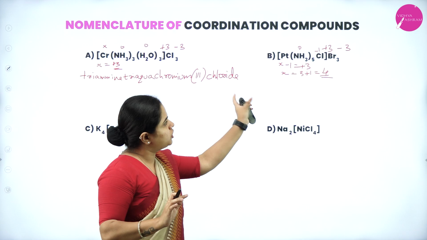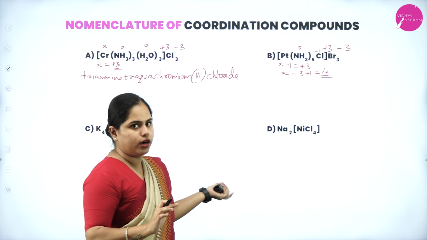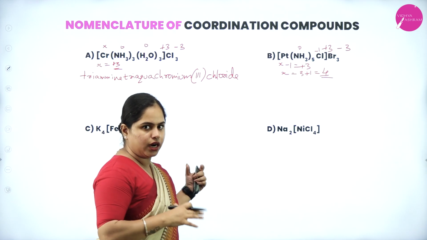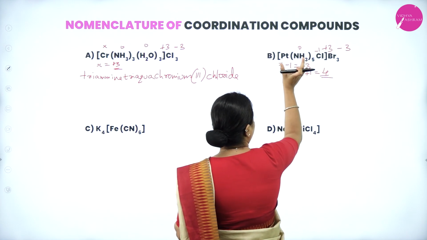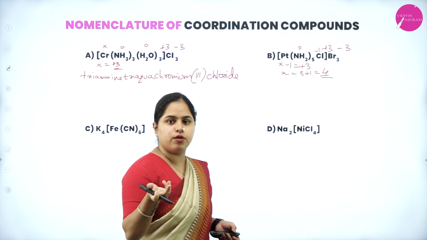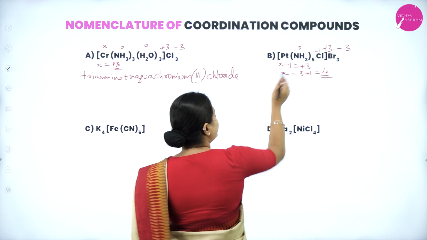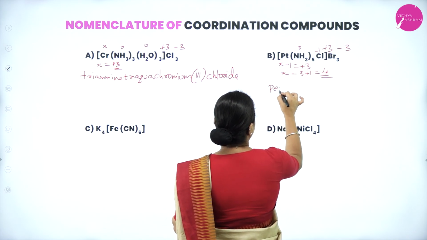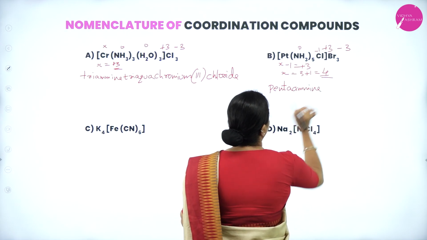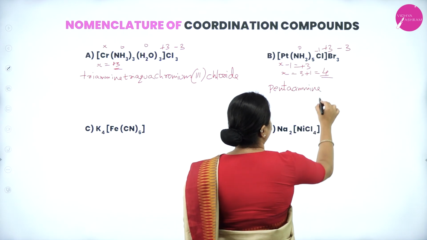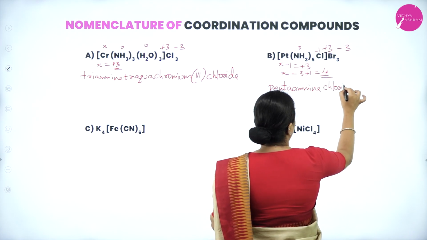Now, again, which one is the cationic part? It is the coordination sphere, so we again start with that itself. What is the name we have to give? There are 2 ligands here, amine and chlorido. According to alphabetical order, amine comes first. How many are there? 5 are there, so pentamine, and chlorido, right? Only one chlorine, so chlorido.